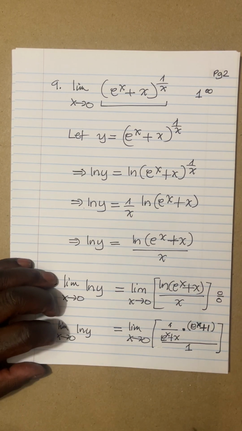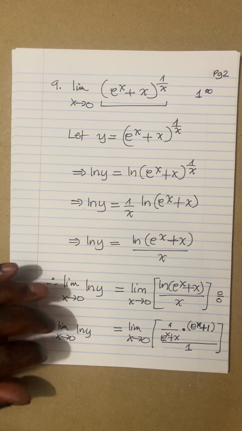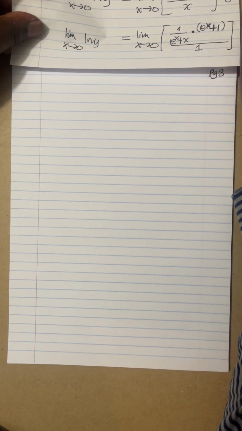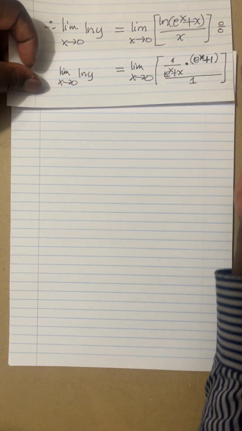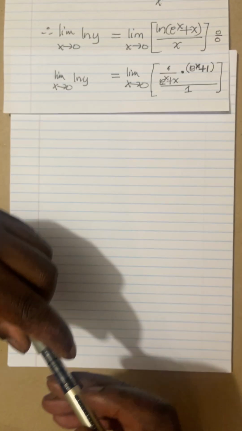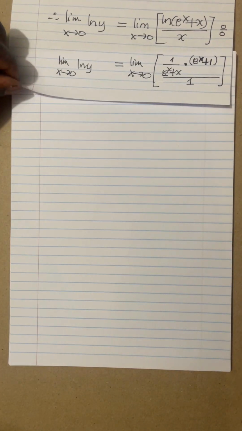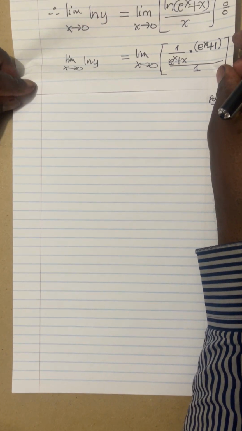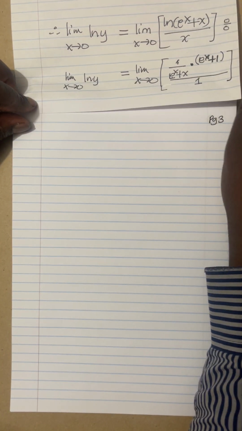So I'll come back and complete that bracket here. This takes us to page number 3. Page number 3, let's just fix this one before I forget. We simply rewrite this expression. Let me move this one down, like that.